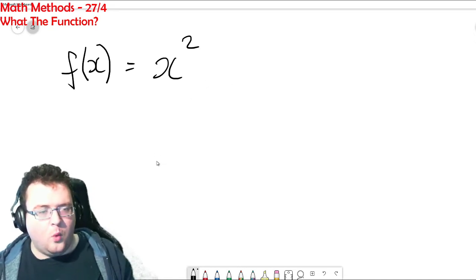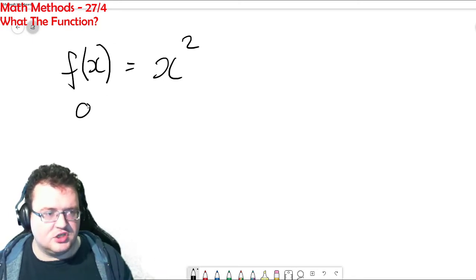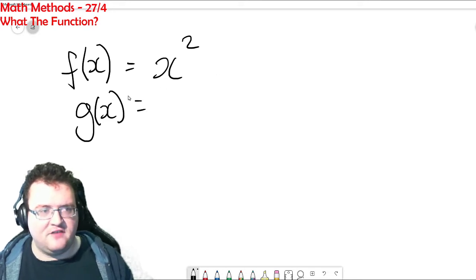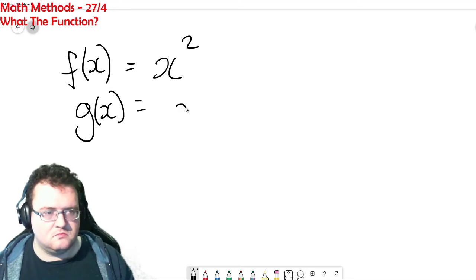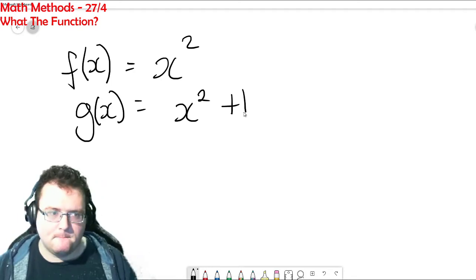And what I might then do is have a different function, similar idea, called g of x. And g of x is equal to x squared plus 1.